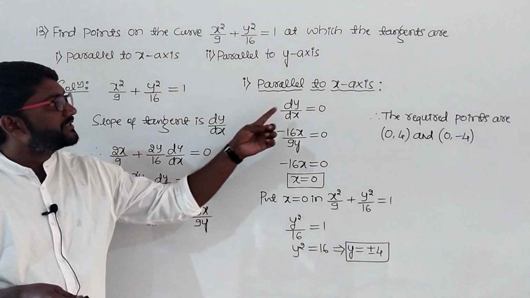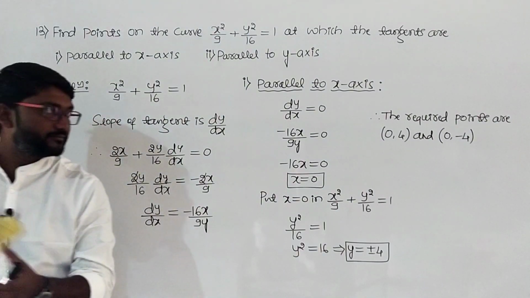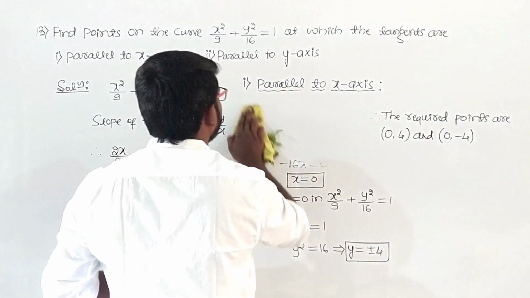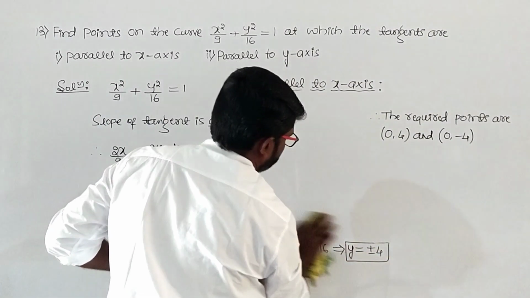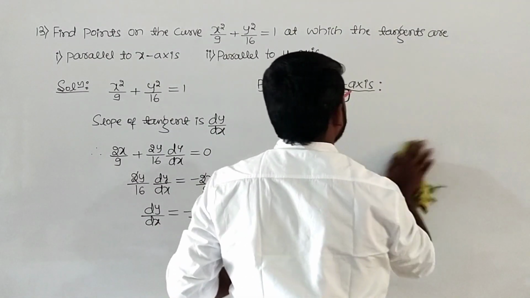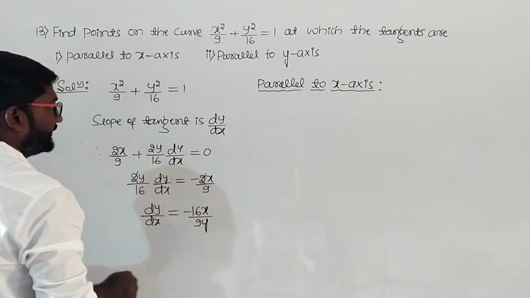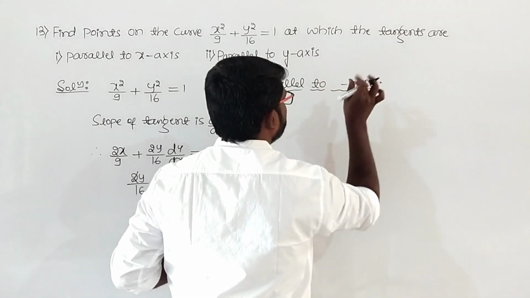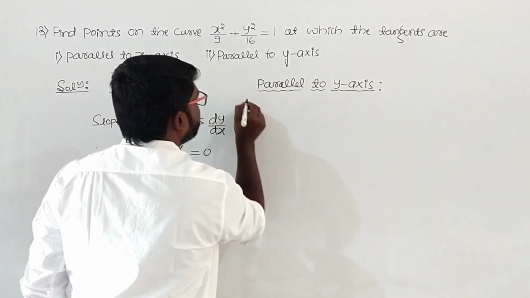Here dy by dx is going to be infinity. So I'll rub this off. Here this part remains as it is, then here we will have to change it to y-axis. So it is parallel to the y-axis.